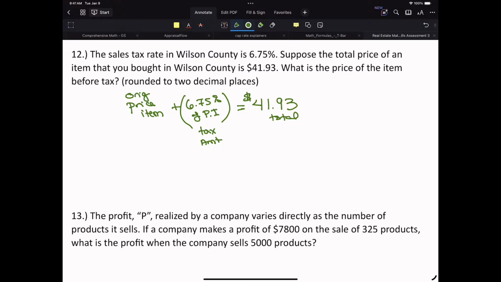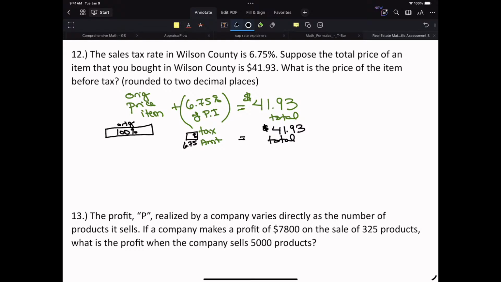Well, here's what I know. Remember, we had 100%. This is 100%. This is the original. And then we have 6.75% of the original, and that gives you the total, which was 41.93.